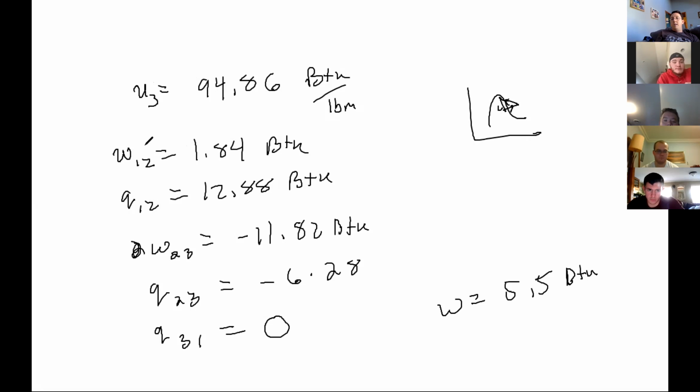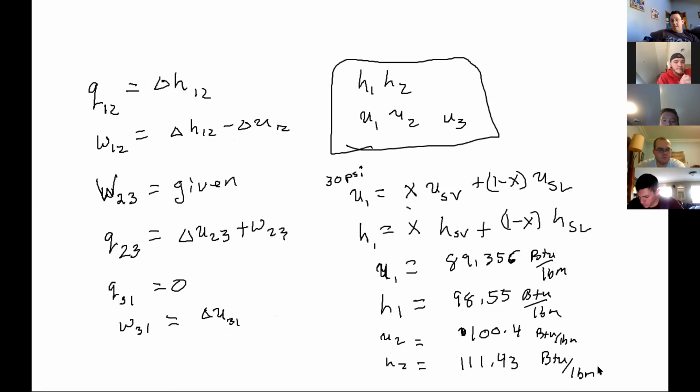When we did these delta U's, did you do final minus initial or did you reverse it? For the first one, 1 to 2, I did 100.4 minus 89.36. Hold on, I've got to go slower. So you're doing Q12, so you're going to do H2 minus H1. It should be 111.4 minus 98. I'll do it again real quick to double check. 5.5, that's for the change in enthalpy.